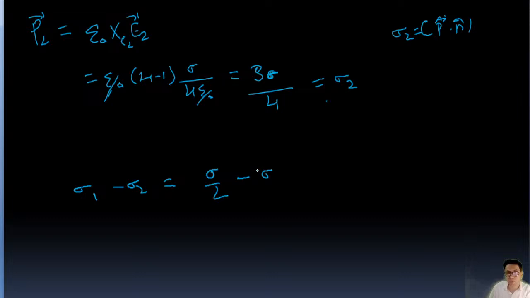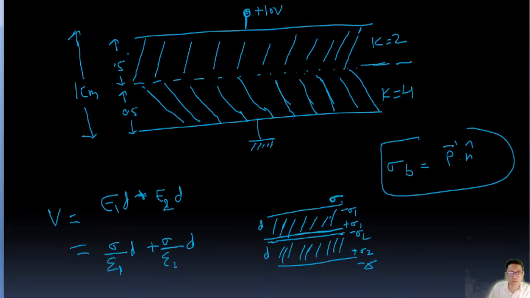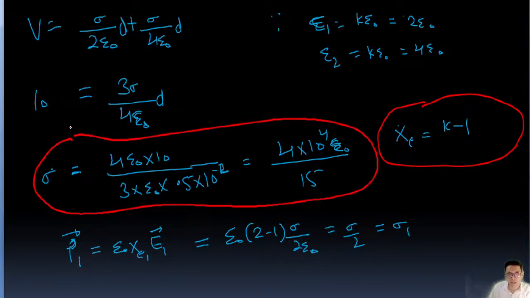If you solve it, this is going to be (1 by 4 minus 1 by 4) into the sigma value we have already found, that is 4 into 10 to the power 4 upon 15 epsilon 0. This is the sigma value, the surface density, I have already found.